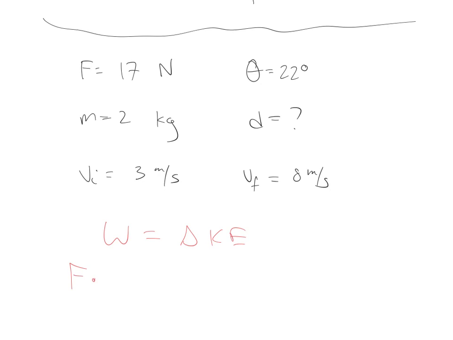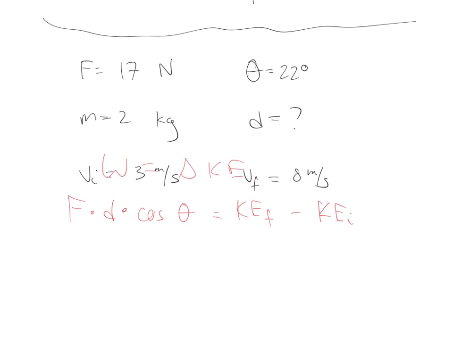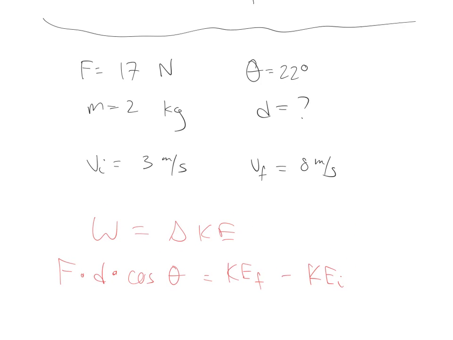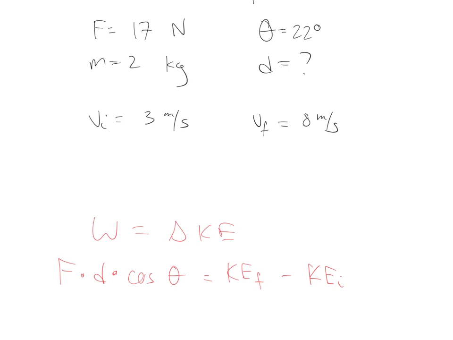Replace work with this. So inherently, Tiana, we were using that formula, we're replacing W with FD cosine theta. But we also have to replace delta KE with KE final minus KE initial. Oh, oops. KE final minus KE initial.